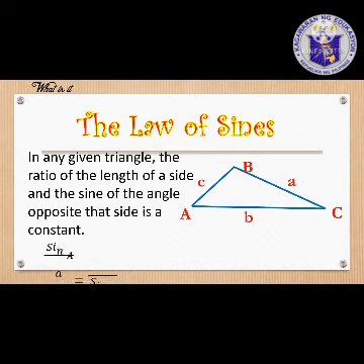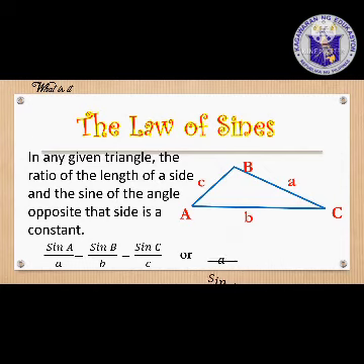In symbols, sine A over a equals sine B over b equals sine C over c. Or we can write it as a over sine A equals b over sine B equals c over sine C. You can use any of the two.